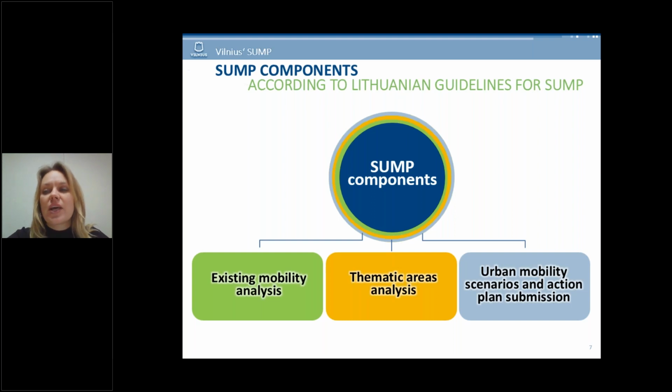In Vilnius, we had a different approach, but most of the cities following our guidelines really followed them. They prepared a very in-depth analysis of the existing mobility situation, and too little attention was paid to developing good scenarios for how to develop this mobility situation in the way we want.